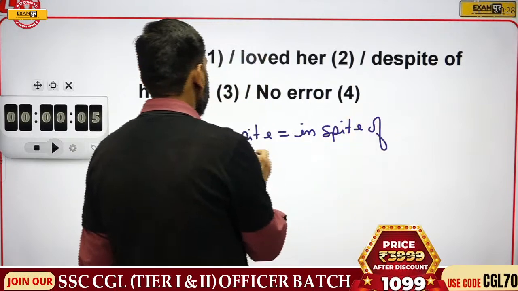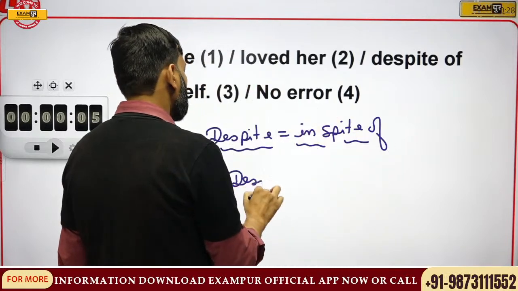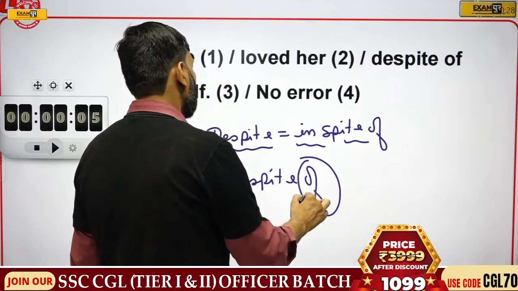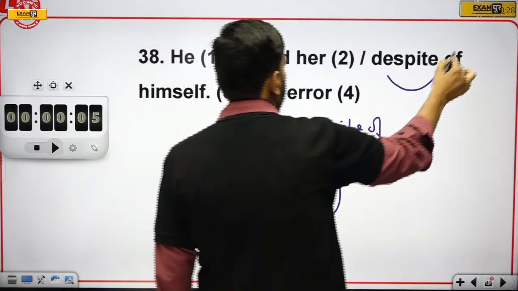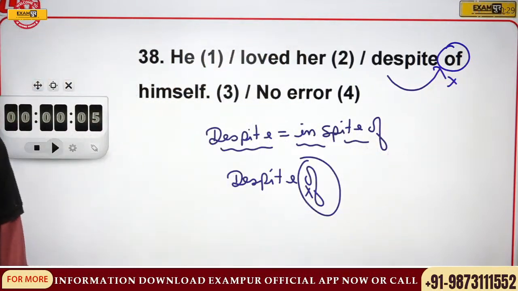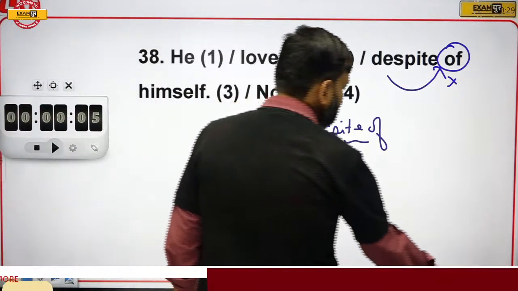Okay, despite means in spite of. Despite is never followed by of. So here the use of of is superfluous. Okay, of is superfluous. There is no need for of after despite. Okay, now the next one.